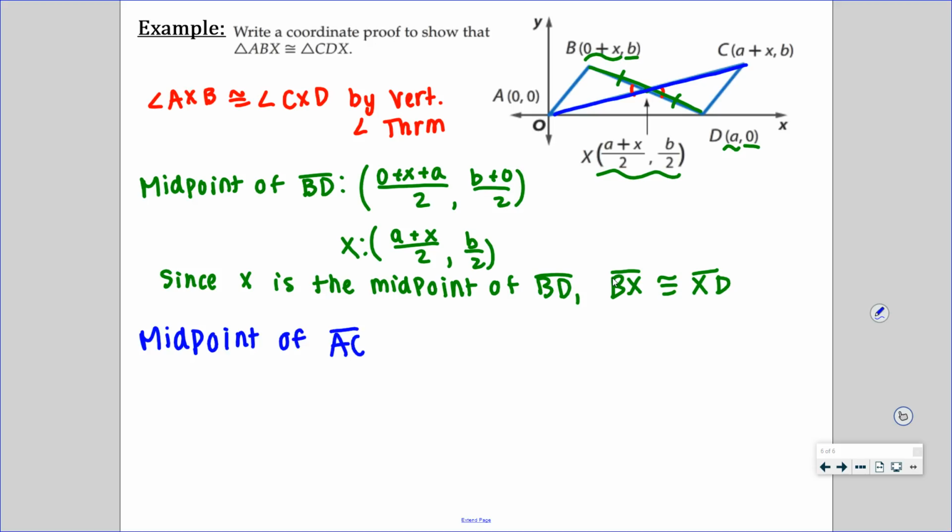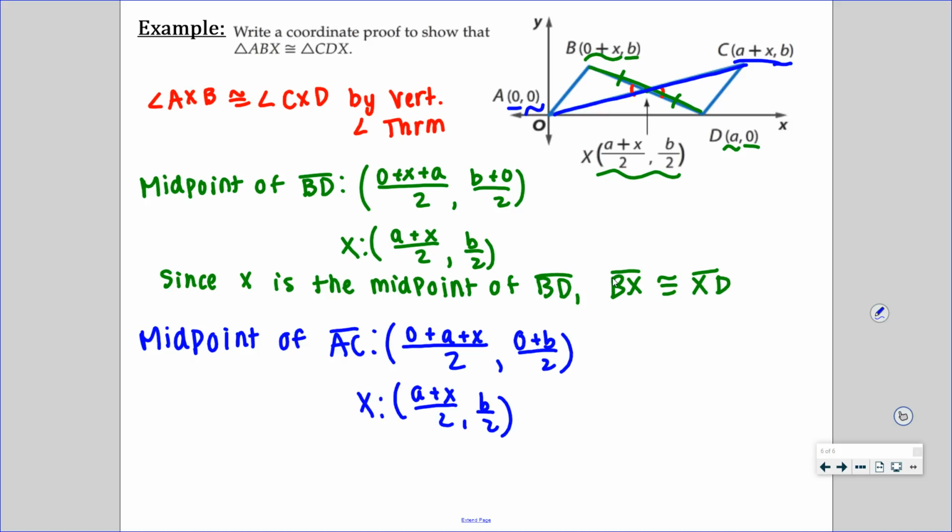Almost done, folks. Hang in there. All right, midpoint of AC. I do 0 plus a plus x. Add the x coordinates. Divide it by 2 to figure out halfway. Add the y coordinates. 0 plus b. Find halfway, or like, this feels oddly familiar. We get the same thing because x is also the midpoint of AC.